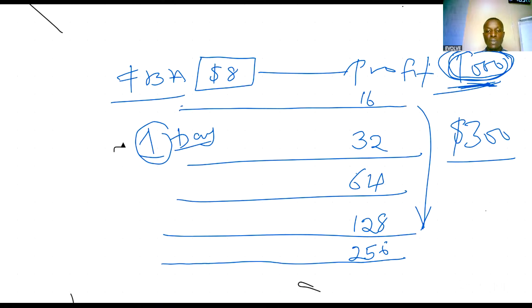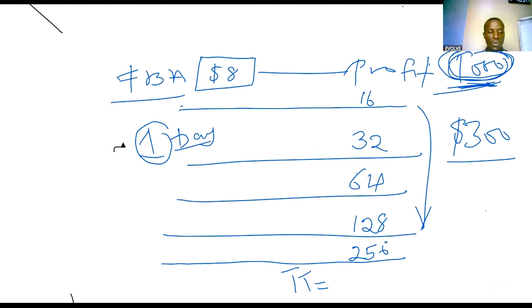So this person's total capital is going to be 56... are you sure? 150 what? 56.